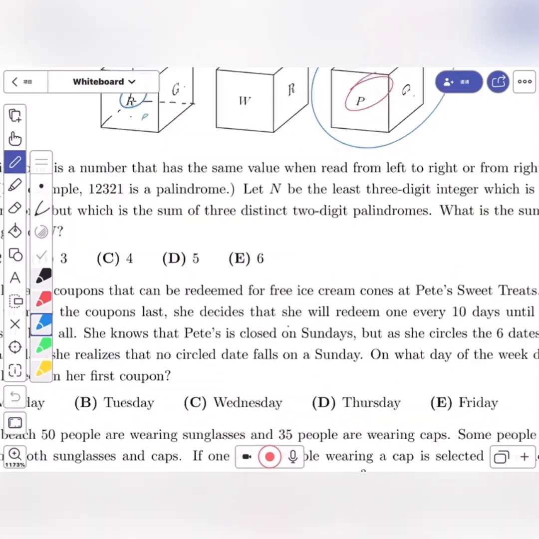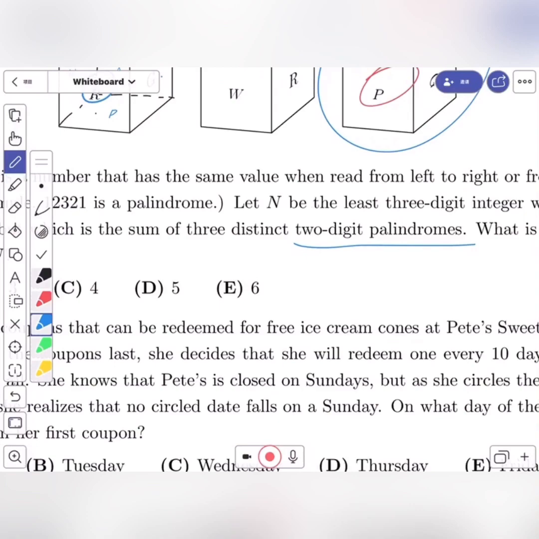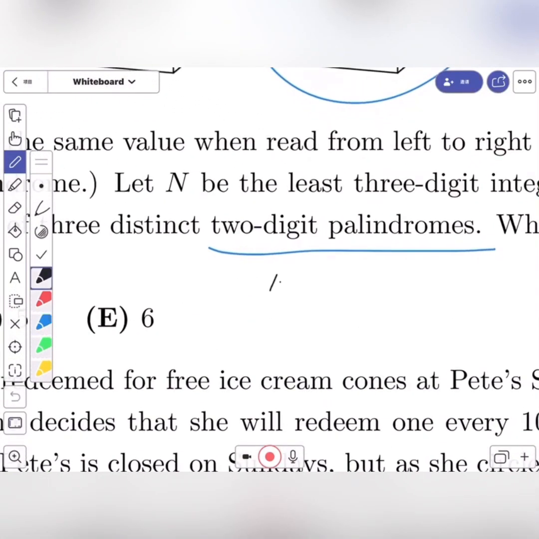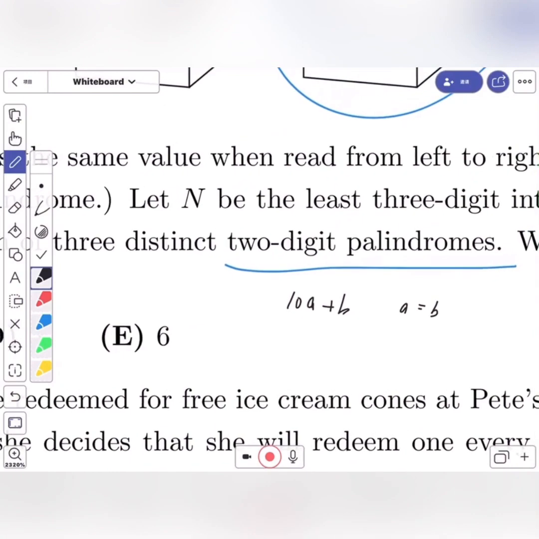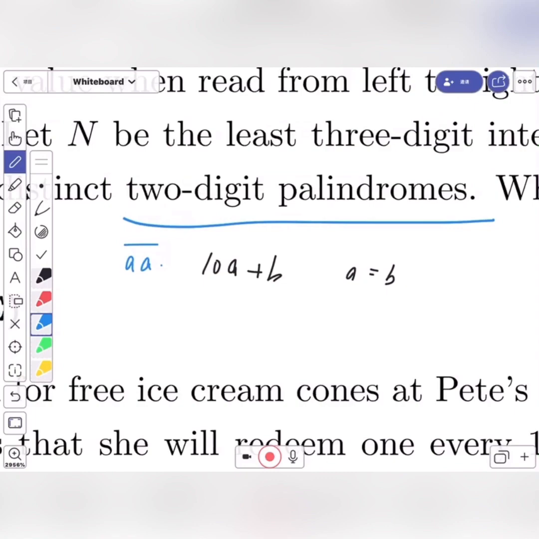So okay, 2-digit palindromes, right? They read the same from the front to the backward. So this basically means that we have 10a plus b, and a must be equal to b, since we have a number in the form AA. So therefore, this number must be a multiple of 11.